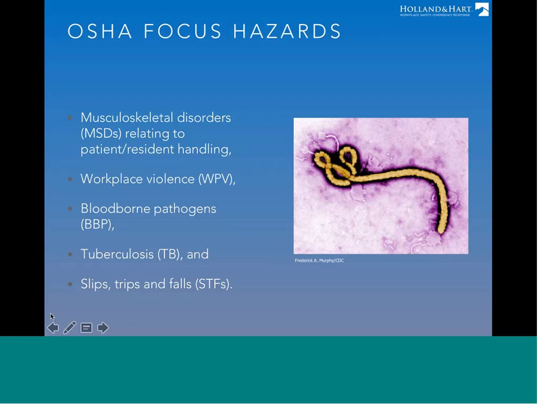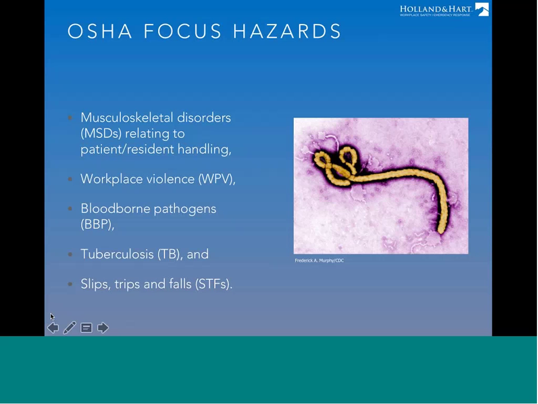Tuberculosis has been an issue for some time. It was a much larger issue in the 1980s and early 1990s during the period where HIV was much more prevalent, resulting in individuals experiencing tuberculosis that otherwise would not have, but because of their compromised immune system, tuberculosis became a serious issue.